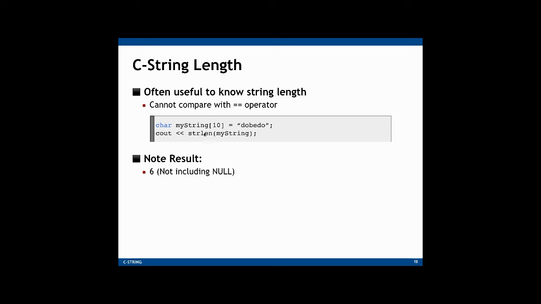When we call the strlen function passing this C-string variable, it returns 6, not including null. You have to be careful about this, because the actual length of this C-string is not 6 but 7, since there is another character here. But strlen returns only 6, not including the null character.